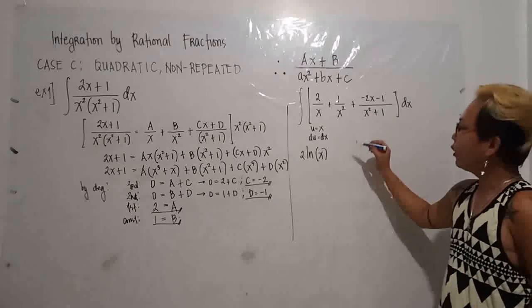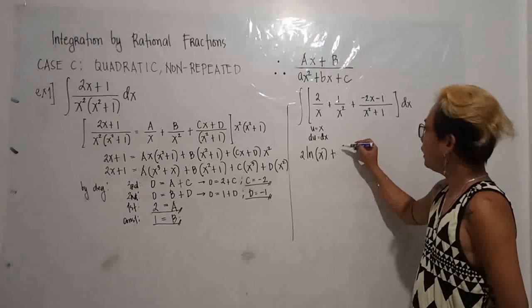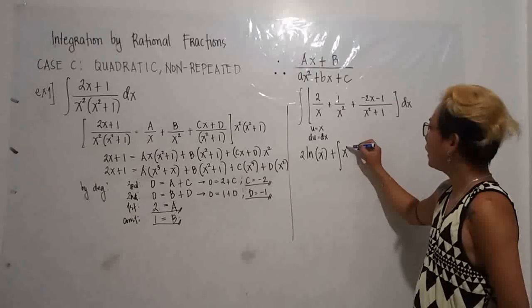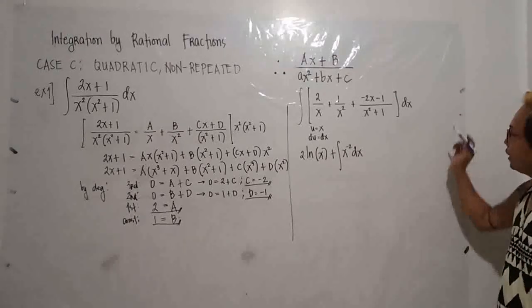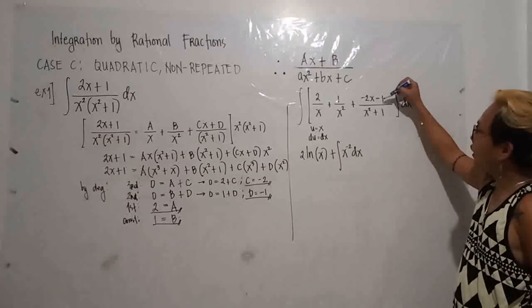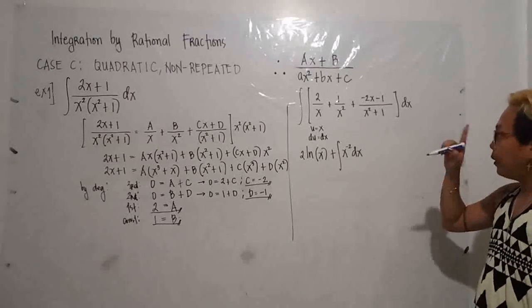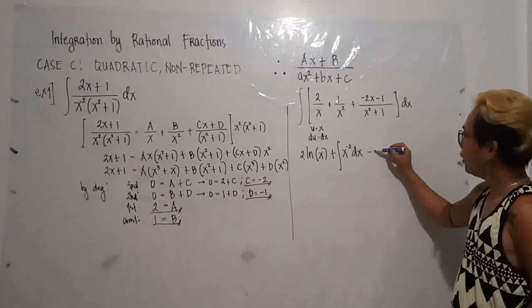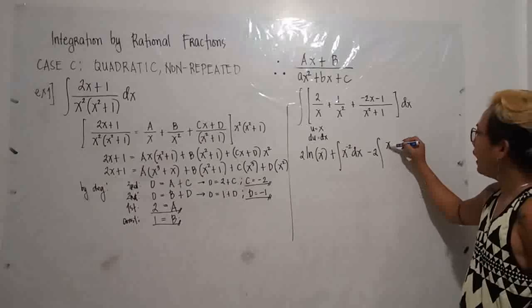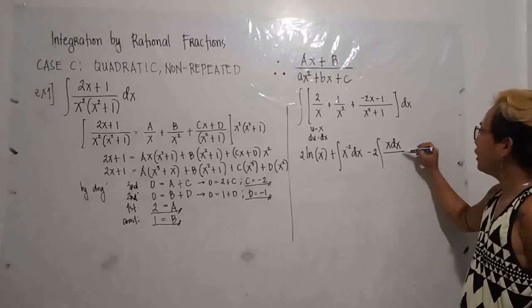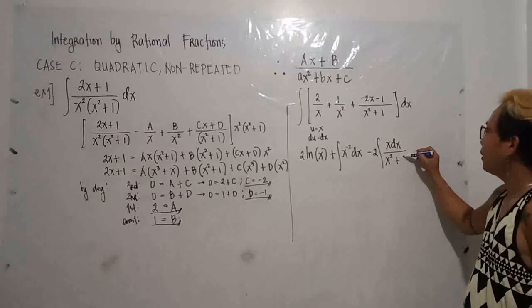Then pagdating dito, you will now have plus the integral of x raised to negative 2 dx. Dito, pwede natin itong paghiwalayin. We will now have minus 2, then integral of x dx over x squared plus 1.